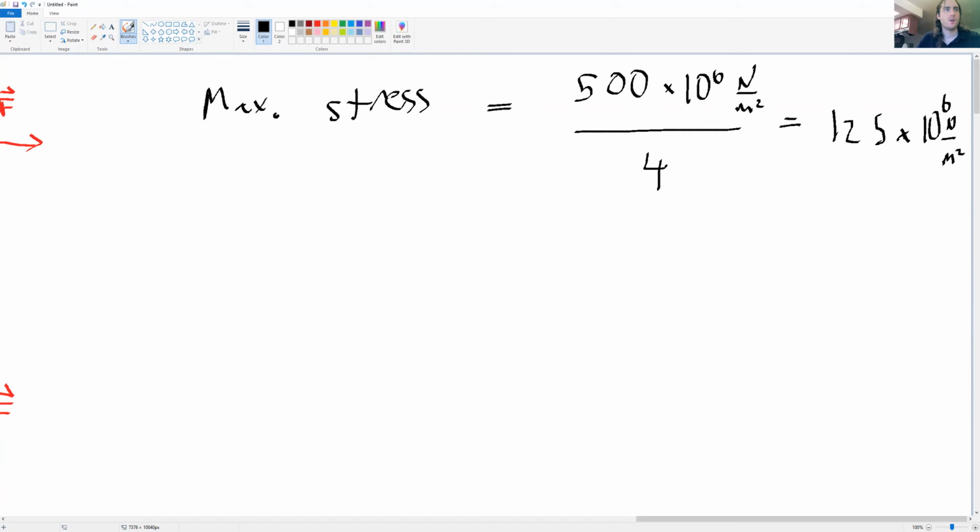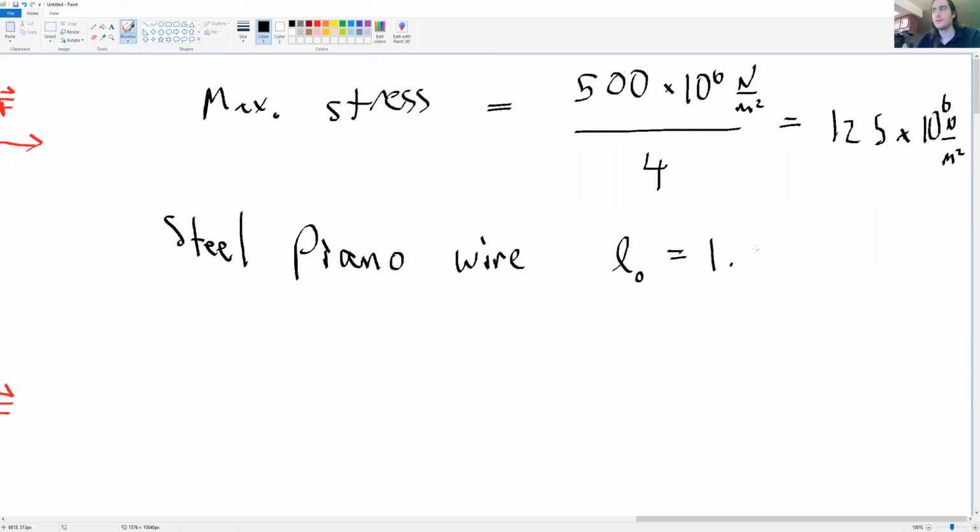All right, the example given in the book is breaking a piano wire. A steel piano wire is 1.60 meters long and has a diameter of 0.20 centimeters.